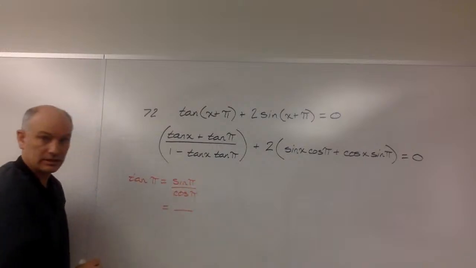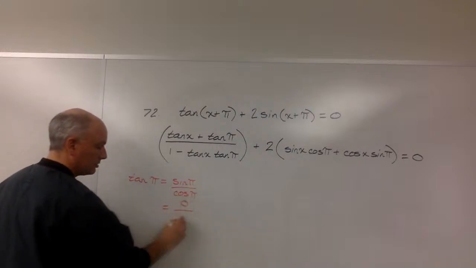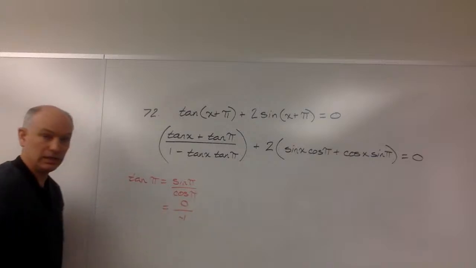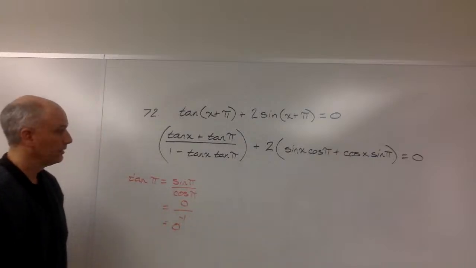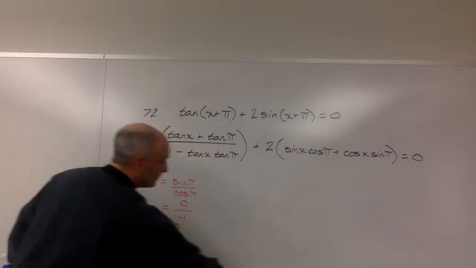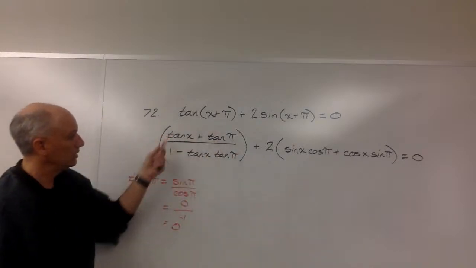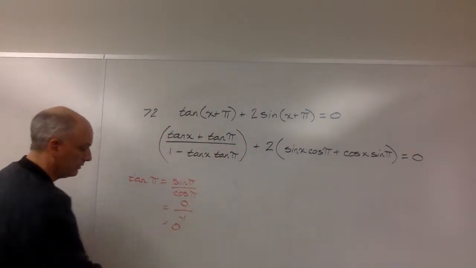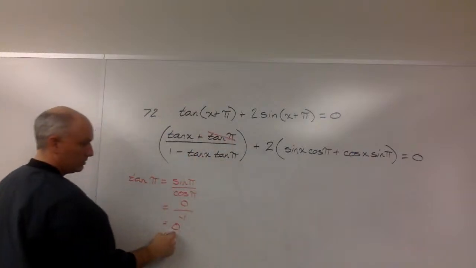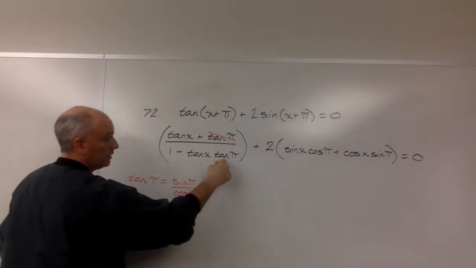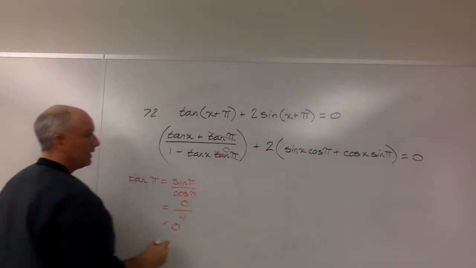Well, the sine at pi is 0. Cosine of pi would be -1. So overall, that's 0. So the tangent of pi is 0. So I'm going to get a 0 here as well.